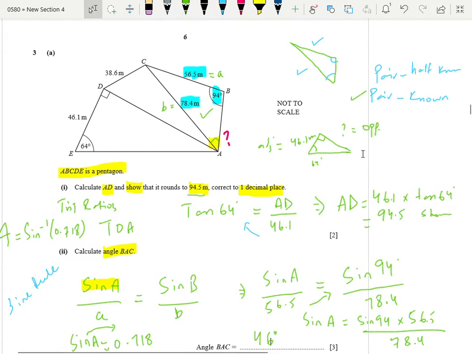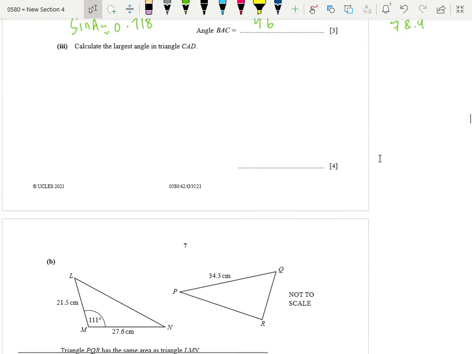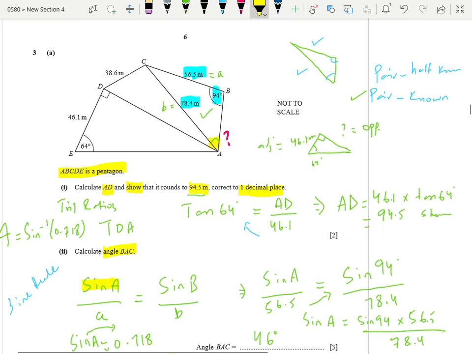Right, let's move to part 3. Calculate the largest angle in the CAD triangle. So let's look at the triangle CAD and let's clean up the rest of the mess. Okay, so the CAD triangle is right here, and that is nothing but this particular triangle.